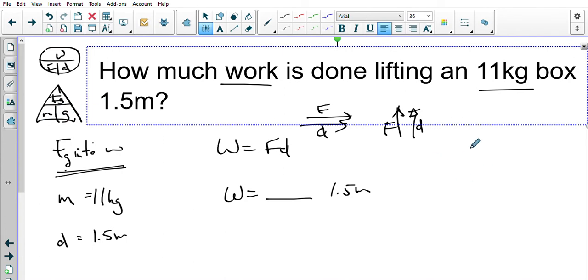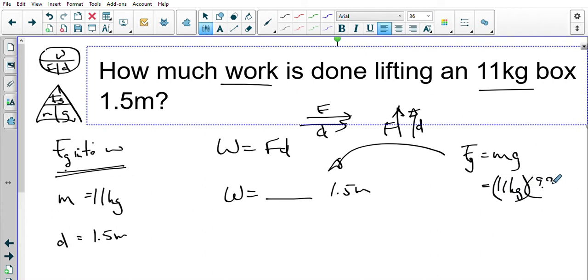And so we have F is equal to mg. So we need to find this force of gravity so we can put that in. So our mass is 11 kilograms. Well, g, what's g? Oh, yeah, right, 9.8. This is our gravitational field strength, newtons per kilogram.